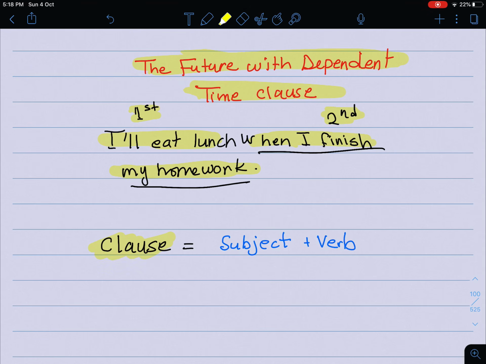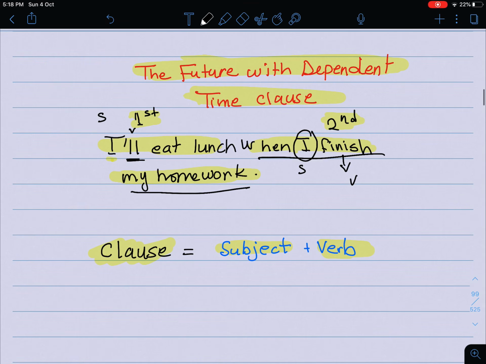A clause consists of a subject and a verb. So where is the subject here? The subject is I. Where is the verb? Here, this is the verb. So right now we have two clauses. Which one is the main clause, the one that gives you the main information?